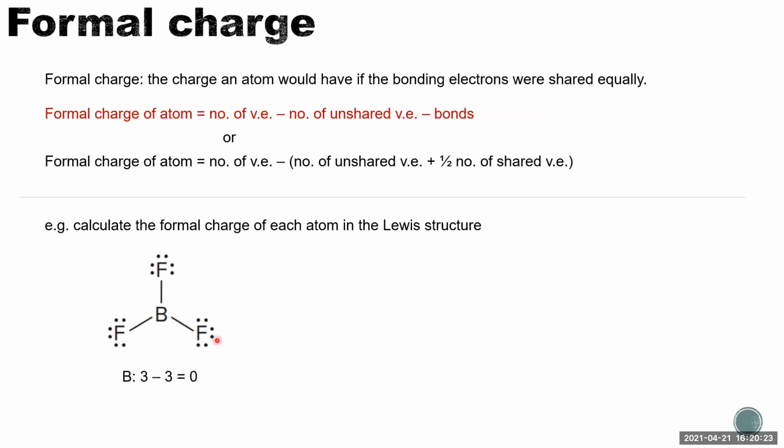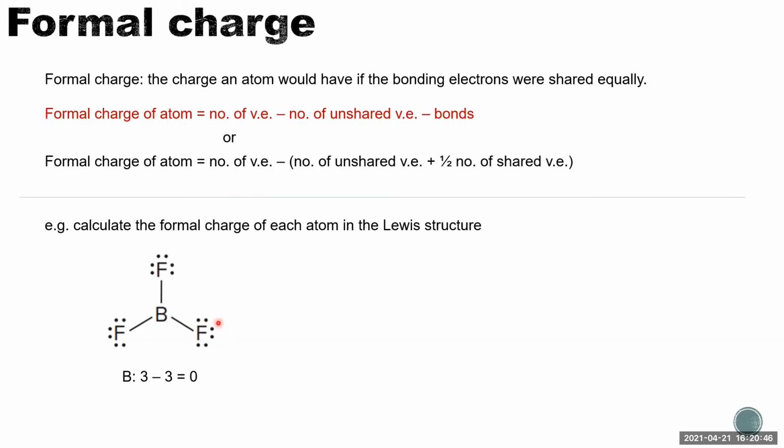And also for the fluorine, all of these fluorines have the same environment. All of them have 6 Lewis dots and 1 single bond. So for fluorine, the number of valence electrons is 7. It's a 7A group element. So 7 minus the number of unshared valence electrons, that's how many dots we have, that's 6.